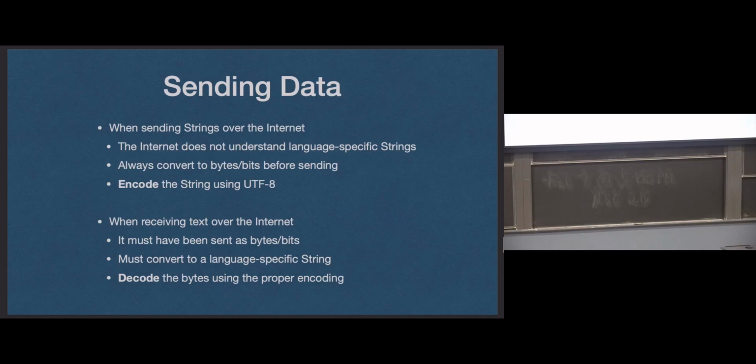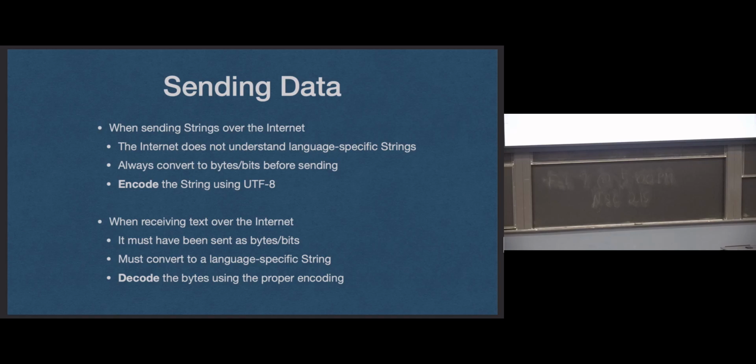So when we're sending data over the internet, when we're communicating over the internet, we are formulating our responses usually as strings. I mean, you can just work in bytes if you want, but usually we're going to formulate our response as a string. And then before we send that string over the internet, we have to encode it into UTF-8 bytes.